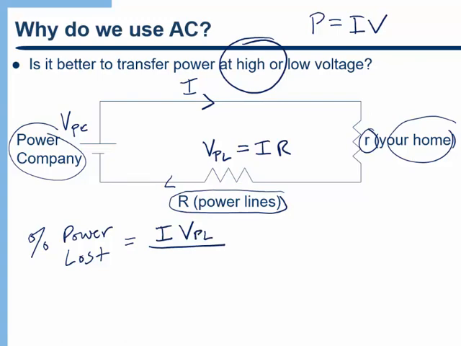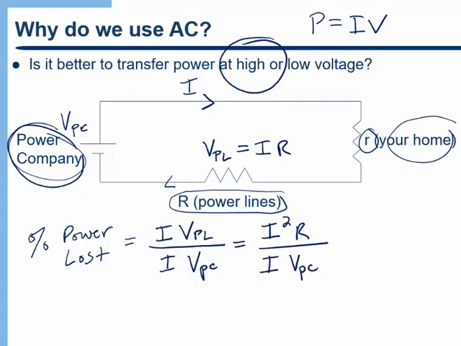Well, the total power that we put out is just the current times the voltage put out by the power company. Well, V_PL I can rewrite as I times R. So you'll notice the top here I get I squared R, and on the bottom I get I times the voltage being put out by the power company.